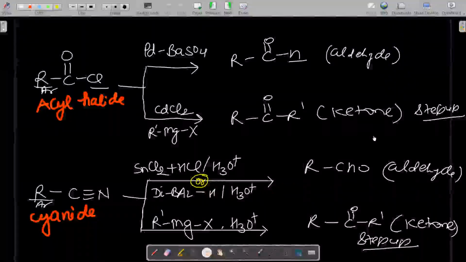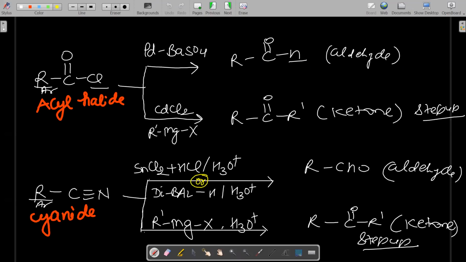So we can see again in this there are two important compounds. One is the acyl halide. Where is this acyl halide used? It is used for the reduction in the presence of palladium BaSO4, which is named as the Rosenmund reduction. So RCOCl is used to reduce, this is called, the name reaction we have already discussed, that is called Rosenmund reduction.